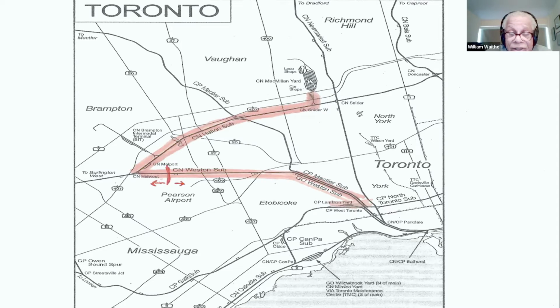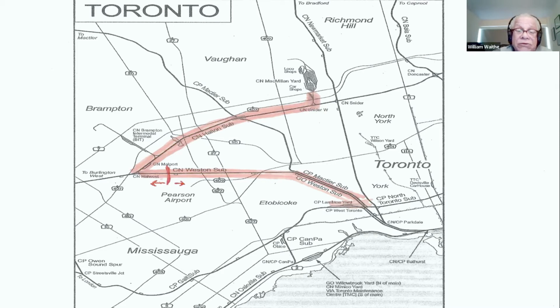There's the GO train, the commuter line. Via train runs from Toronto Union Station on the Weston sub. And there is a recently built express line from Union Station to Pearson International Airport, the UP Express. So the original Weston sub was a single track. It's now 4-track to accommodate the passenger traffic.